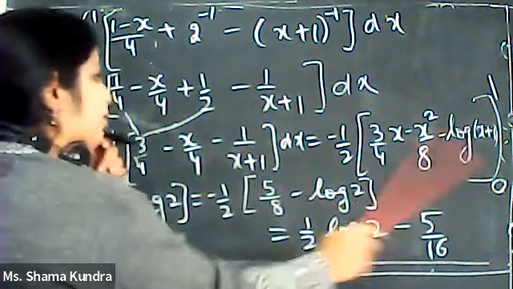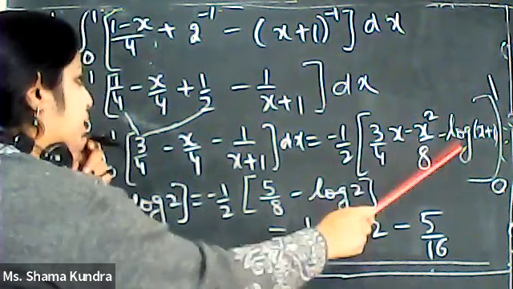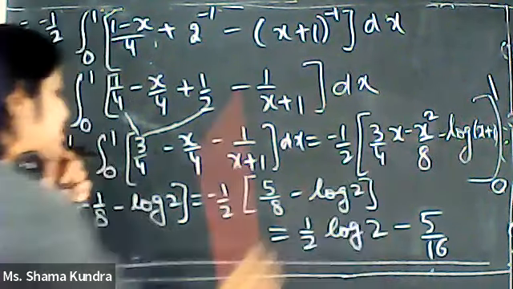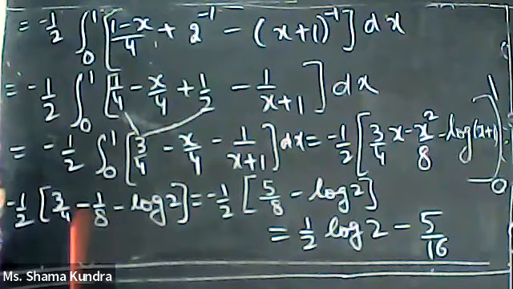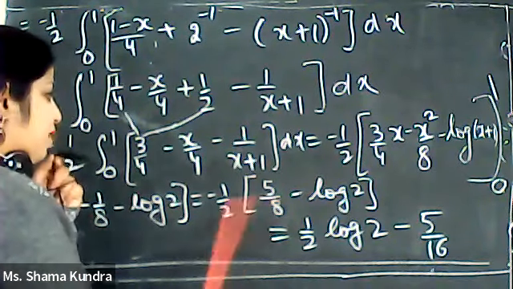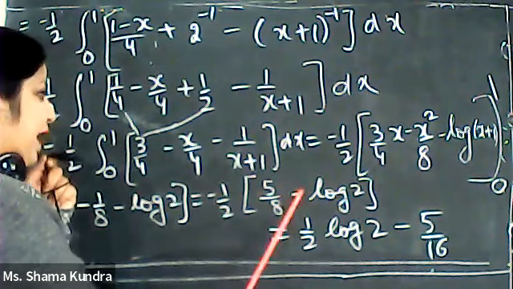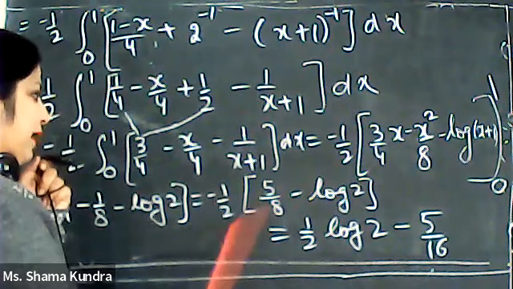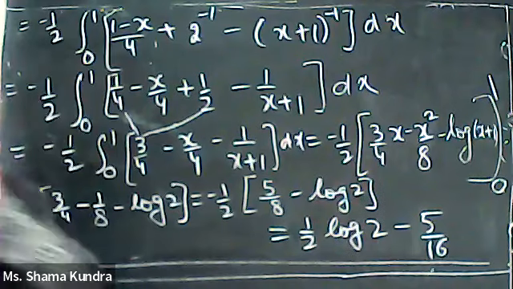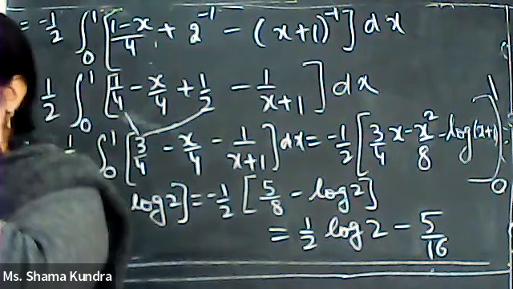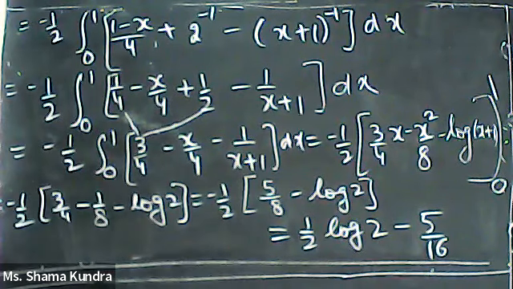When you put x equals 0, it becomes 0. So when you take the LCM of these two, you get 1 by 8. When you open the bracket, the negative sign becomes positive, and you will get 1 by 2 log 2 minus 1 by 16, which is the required answer, and I hope it is clear to all of you.